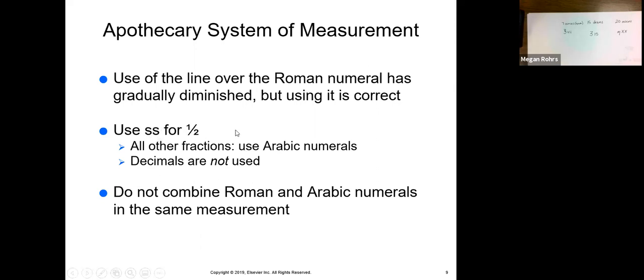So SS is going to be indicating 1/2. Now, I'm not going to be super picky on your notation for the apothecary system, but please do try to follow these rules in your assignment. I'm honestly more worried about knowing how to do these conversions correctly rather than writing the notations correctly.